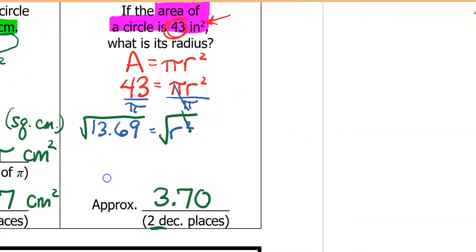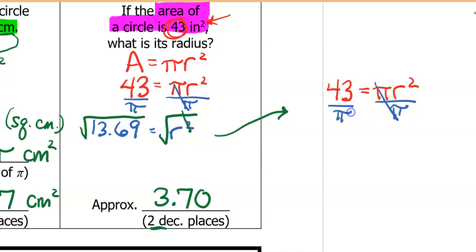Another possibility, I don't really think it's worth it, honestly, but after we get to this 43 equals pi r squared, you could just write down your steps. I'm going to divide by pi, and then I'm going to take the square root of that, which I did in green. Of course, color coding is important.